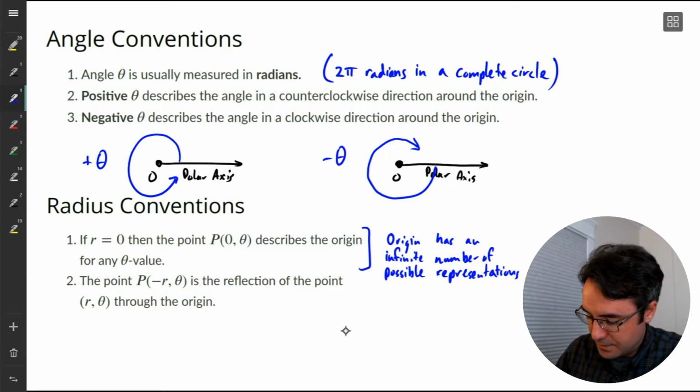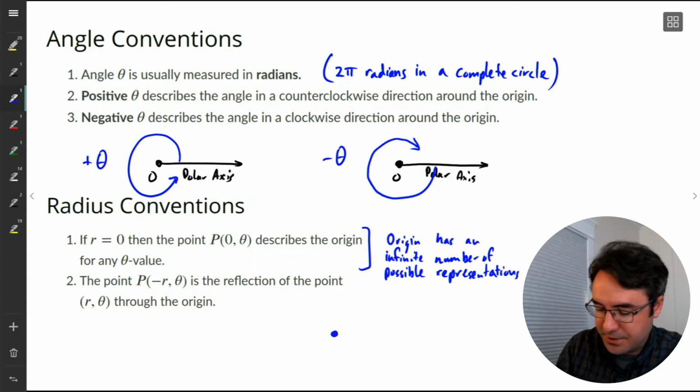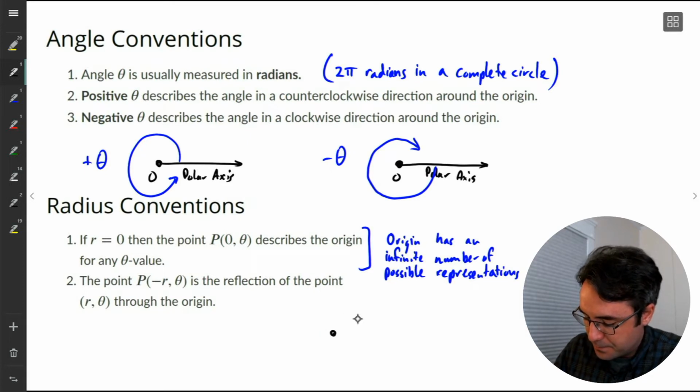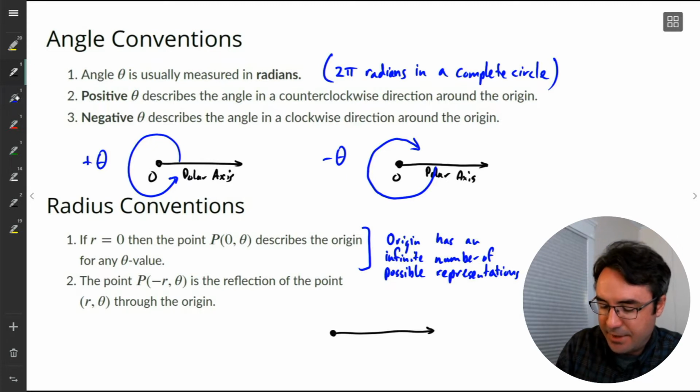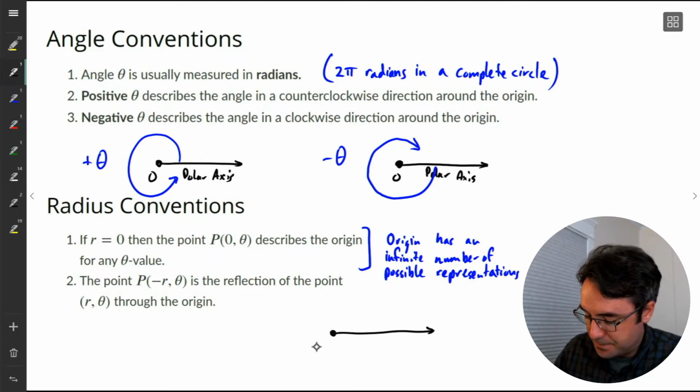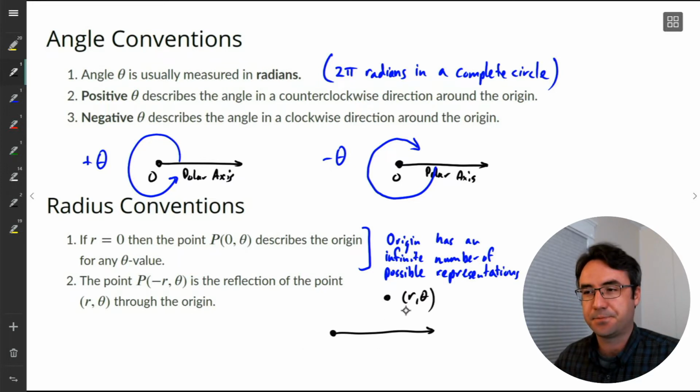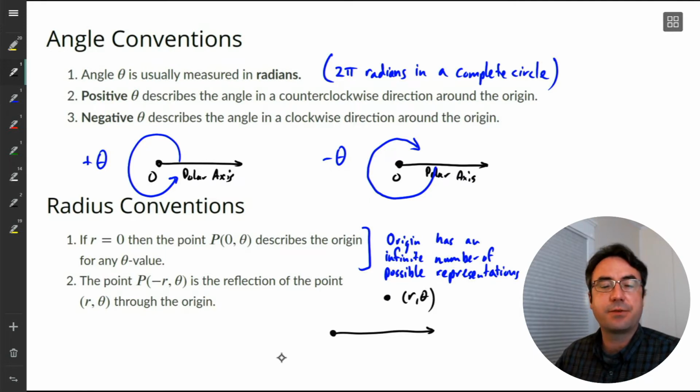So let's consider the case. Let me draw a little example here where we have our origin, we have our polar axis, and then let's say we had some other point here, and this was r comma theta. If we were to negate that r value, it's going to be like doing a reflection through the origin.